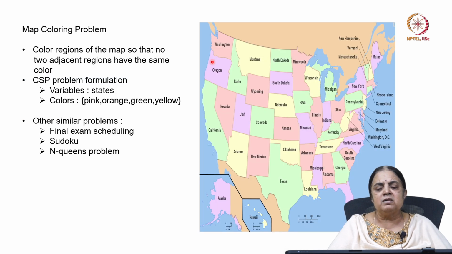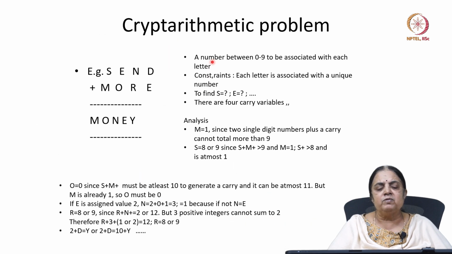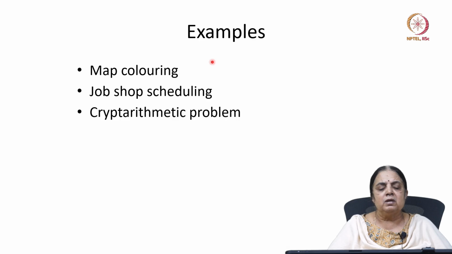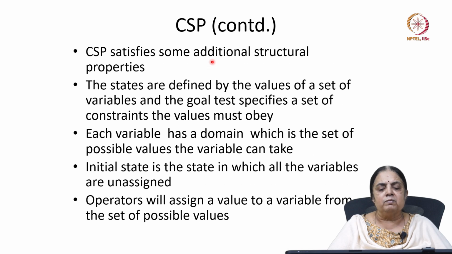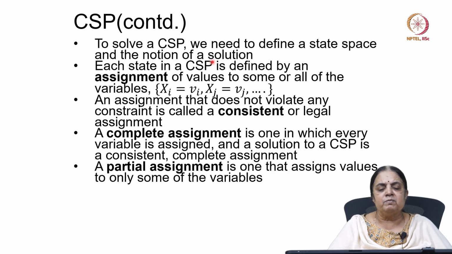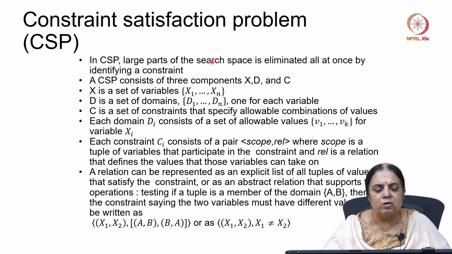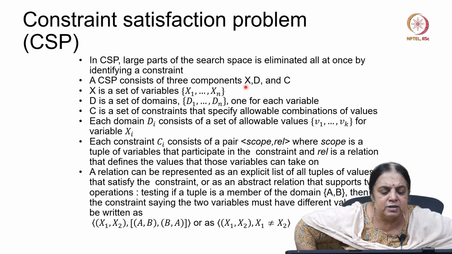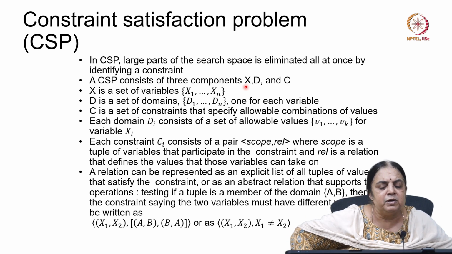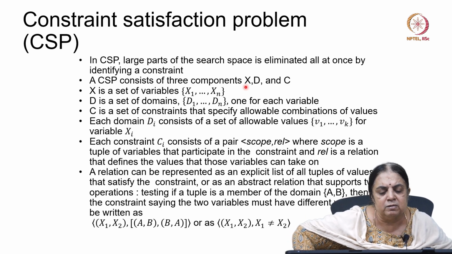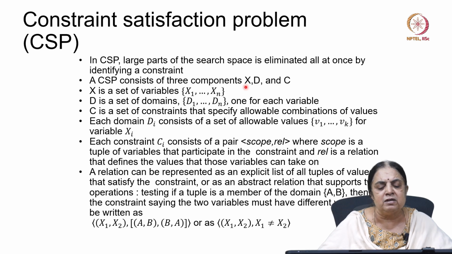So let us look at the constraint satisfaction problem from the view of the cryptarithmetic problem, and see how we formulate a constraint satisfaction problem. It consists of three components: X, D and C. X is the set of variables; in the cryptarithmetic problem, it is the letters that we use.